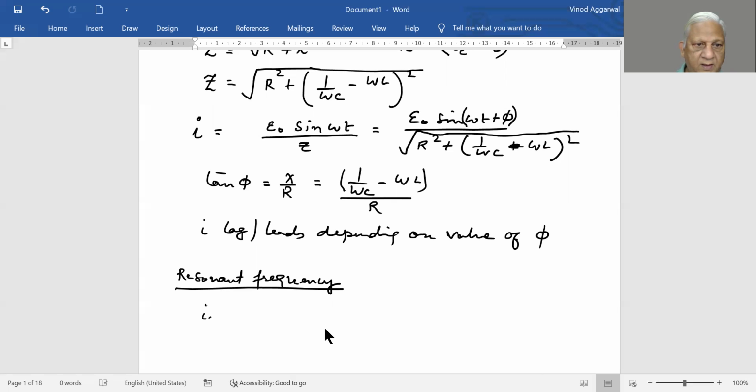The peak value is, when is this expression maximum?